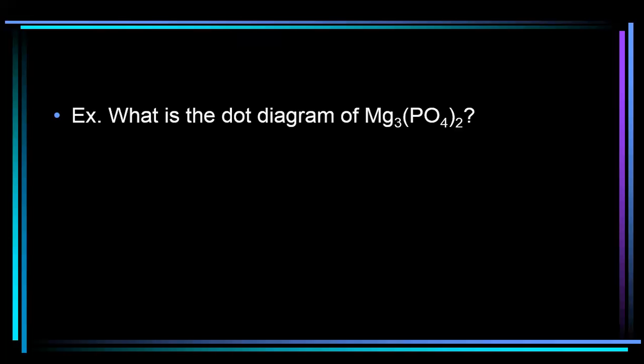Covalent is non-metal, non-metal. Could it be both? Is the metal bonded to a group of nonmetals? This is a group of nonmetals that we need to draw just like we've drawn before, but we need to add it to this. Magnesiums, we have 3 of them.